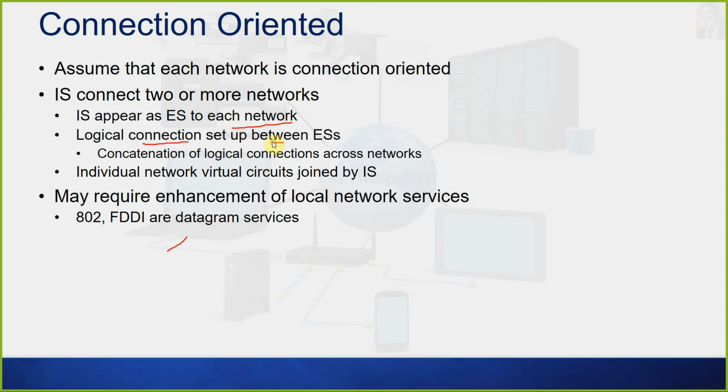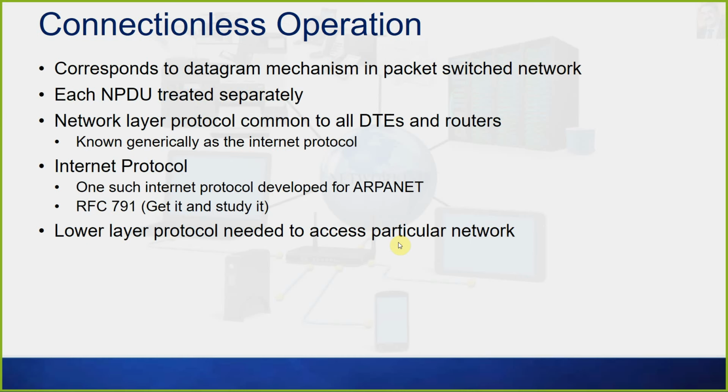A logical connection is set up between each ES, as a concatenation of logical connections over networks. Individual network virtual circuits are joined by the IS. This may require enhancement of local network services, like 802 or FDDI or datagram services.